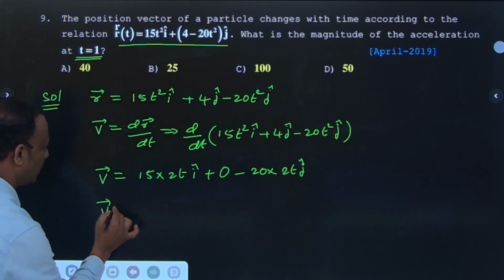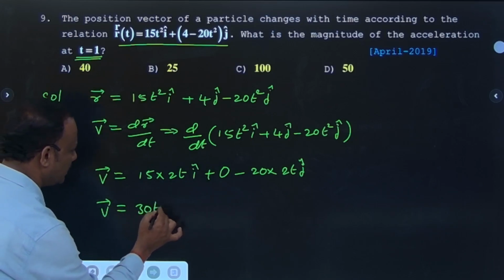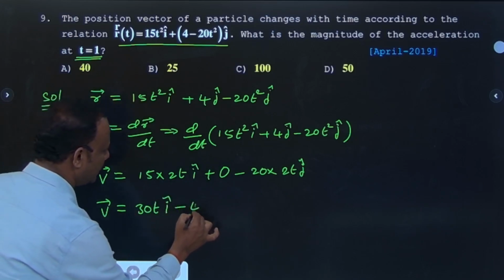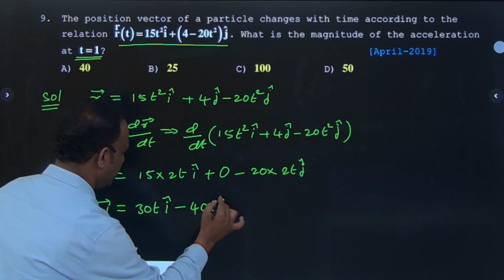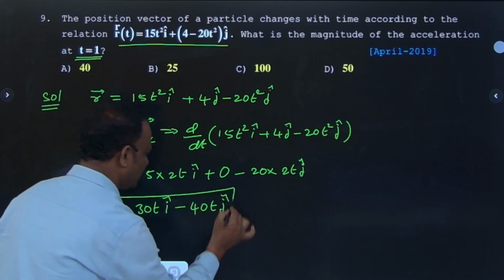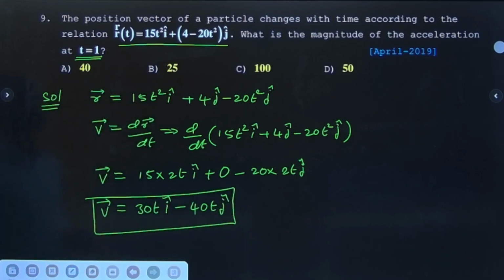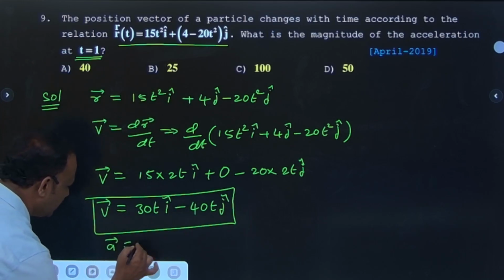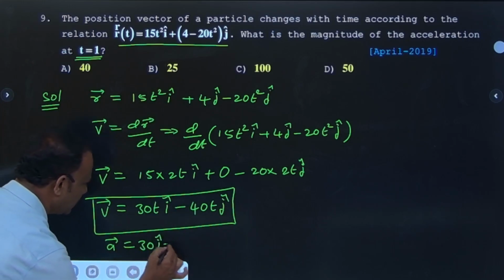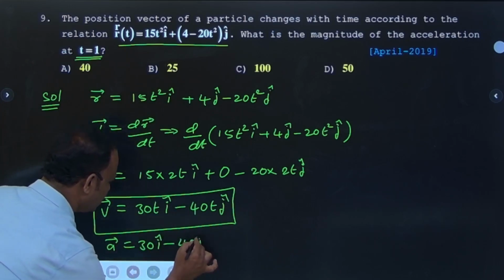So v bar is equal to 30t i cap minus 40t j cap. This is velocity, but it is asking for acceleration. Again differentiate. A bar is equal to 30 i cap minus 40 j cap.